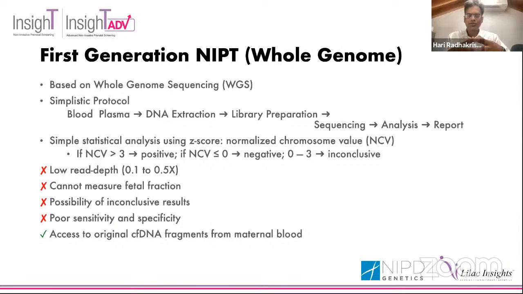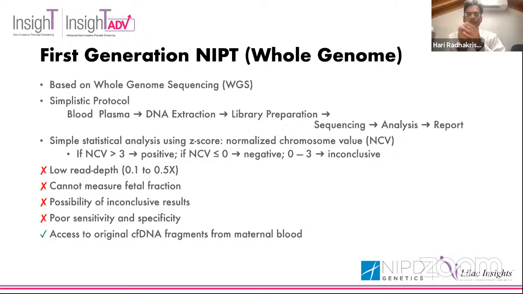and then it goes through a process called library preparation, where it is adapted to go into the next generation sequencing machine. We do the sequencing, and then we do an analysis. And the analysis is fairly straightforward, like Dr. Sita pointed out. You're looking at a normal reference chromosome, and you're looking at the other chromosome, whether the level compared to the reference chromosome is higher or lower?